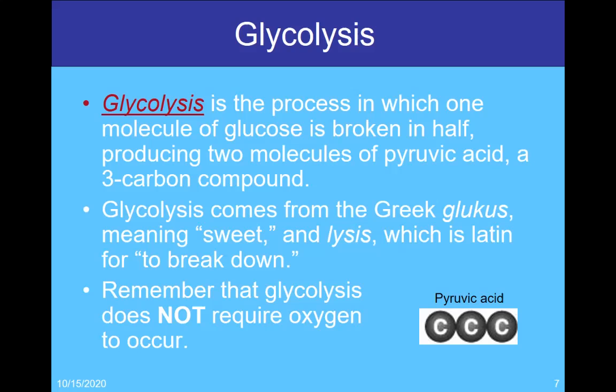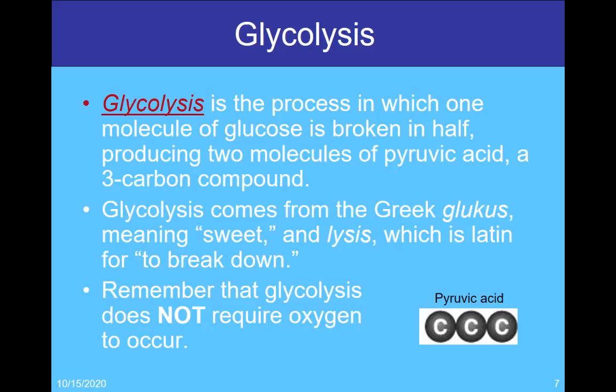And so it's pretty stable as is, but we have to go through some chemical reactions to break the glucose molecule into 2 pieces. The term glycolysis actually comes from the Greek word glucose, meaning sweet, and lysis, which is Latin for to break down. So our literal translation of glycolysis is to break down sweets, or in this case, our sugar glucose.